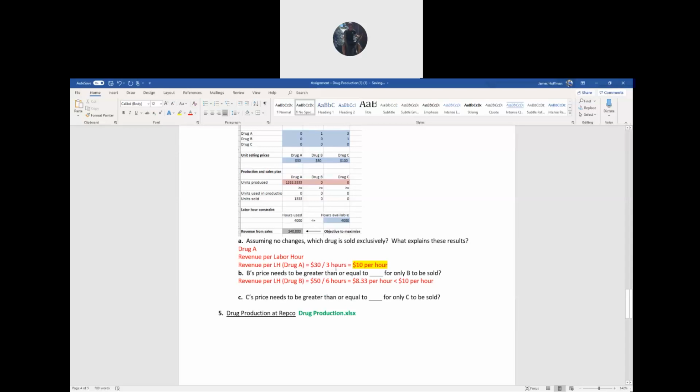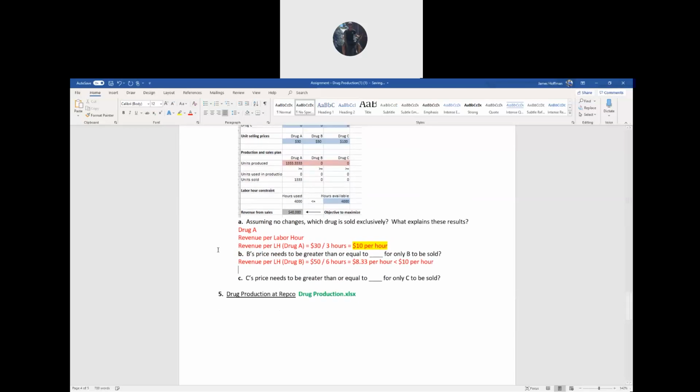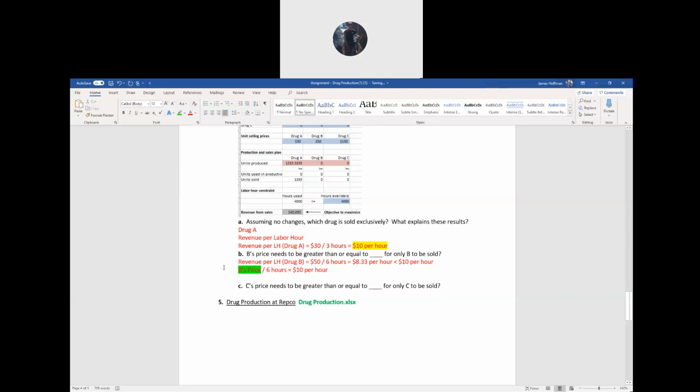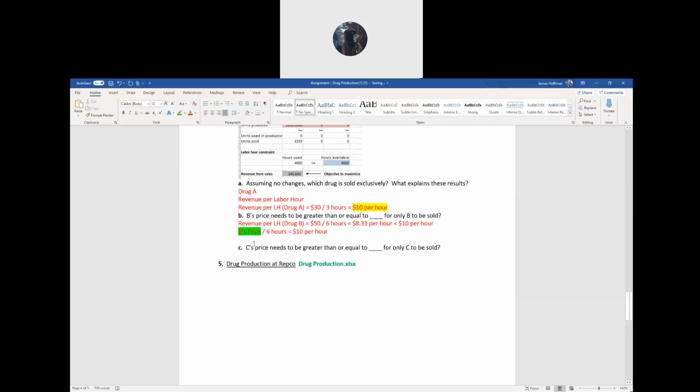Okay, and let's obviously figure out the price this needs to go to. What divided by 6 is 10? That's 60.